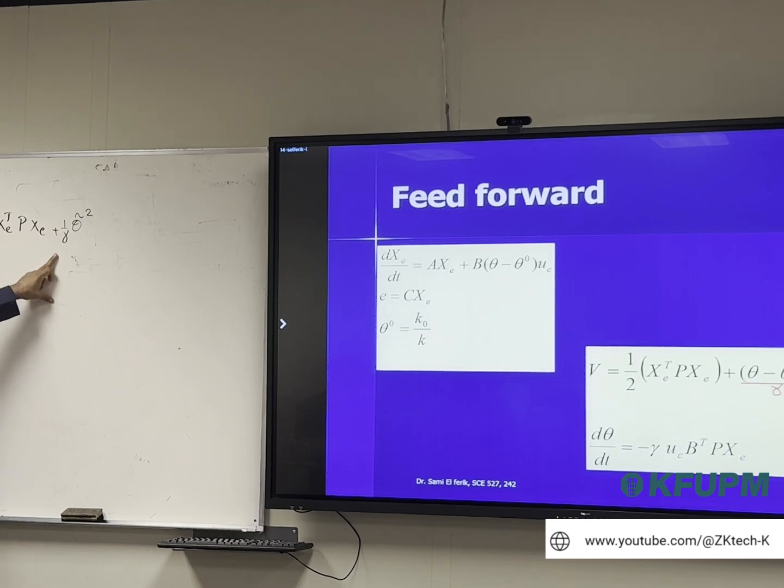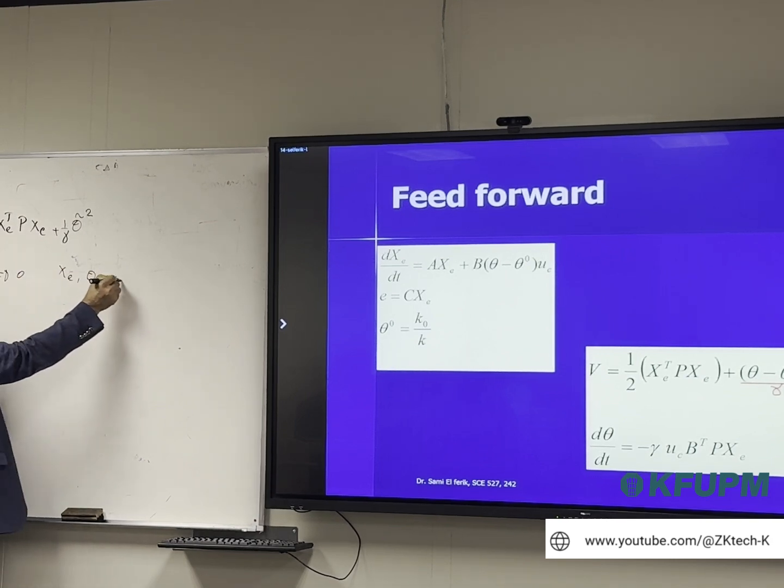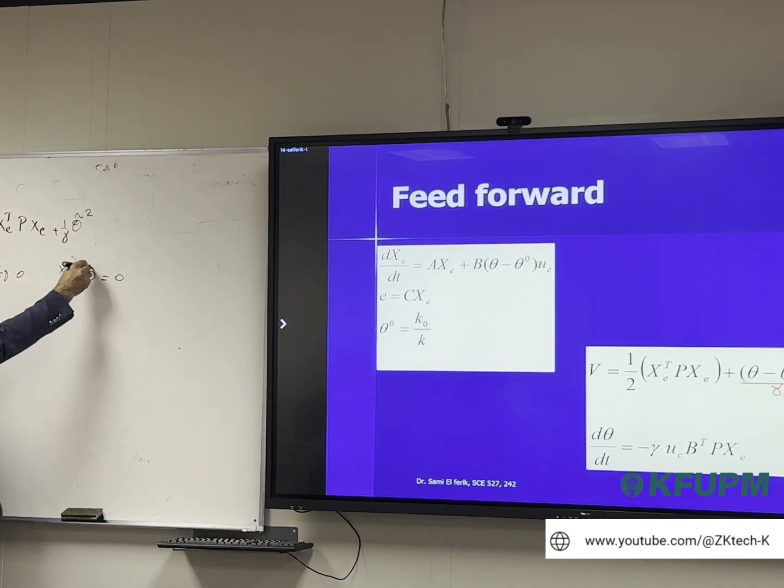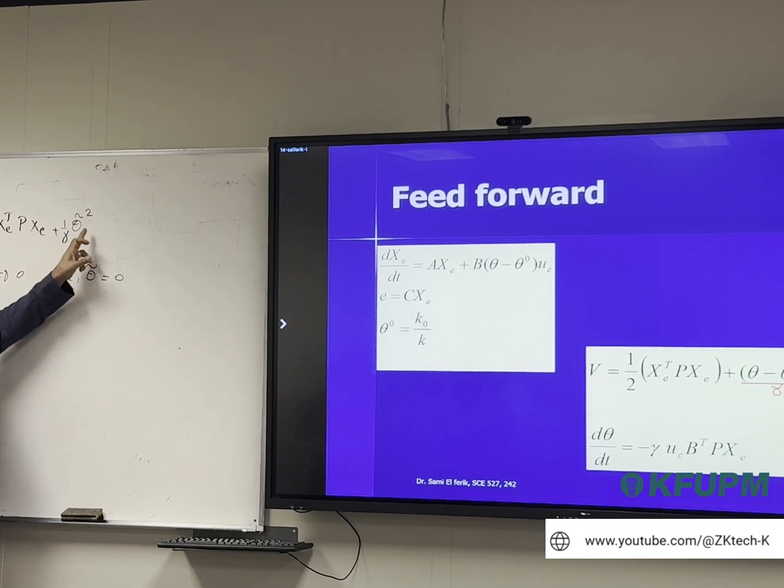So this is just one parameter gamma that will help me to put more emphasis on which one I would like to minimize, because my point is to make V minimum. Right? Then from there, of course, this function now is a function of x and theta, just to be rigorous. So this function would be 0 if the error and theta tilde are 0, both of them. Which means that your error is 0 and your parameter converges to the exact parameter that you have. Theta equal to theta 0.